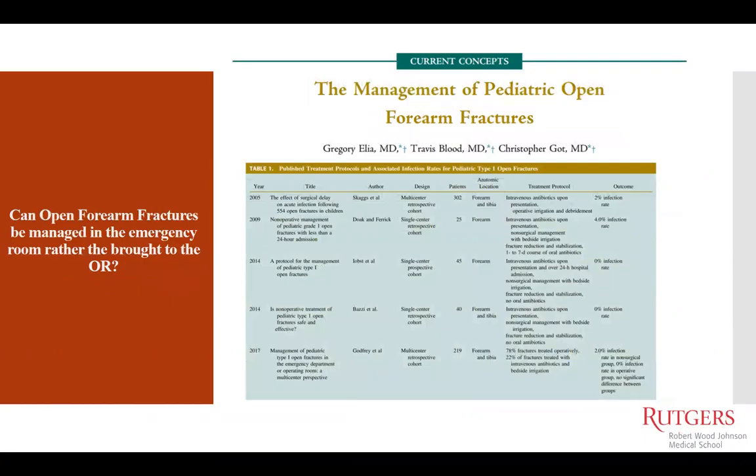Here is a current concepts review of the question: can open forearm fractures be managed in the emergency room? At the bottom of this table is the study I just talked about, but there were other relevant ones that I thought would be important to reinforce the point. Skaggs et al. was a multi-center retrospective study looking at forearm and tibia fractures. Again, most of those were forearm.